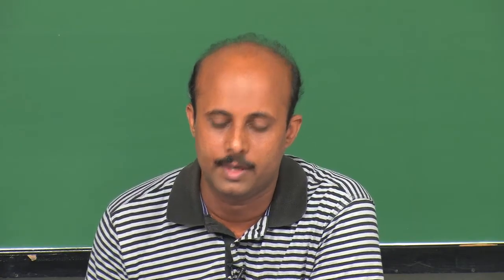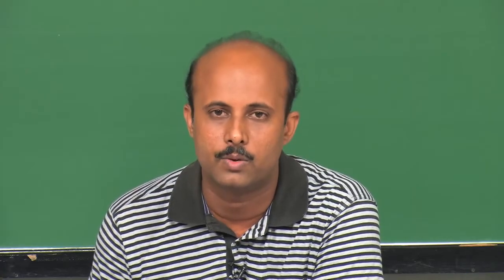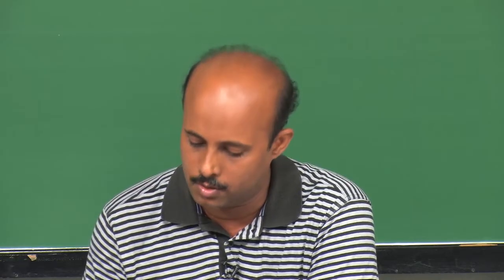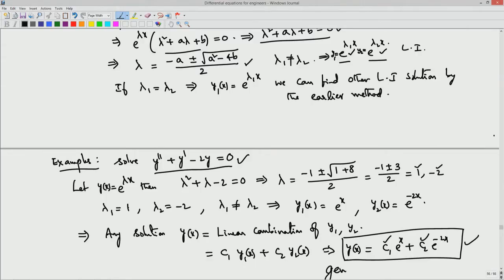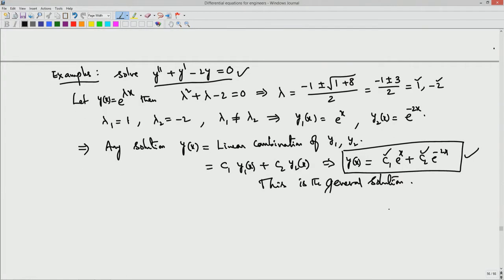If you combine them with arbitrary constants, that is also a solution. So c1 e power x plus c2 e power minus 2x already has two arbitrary constants. That implies this is the general solution. This is how we solve this case.